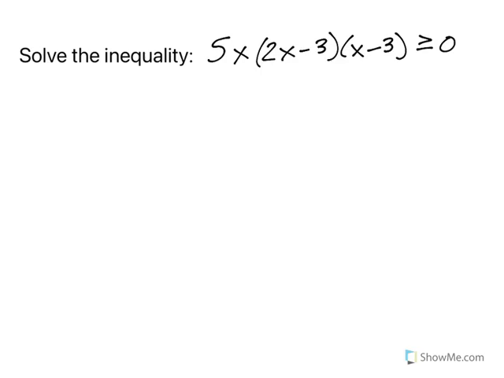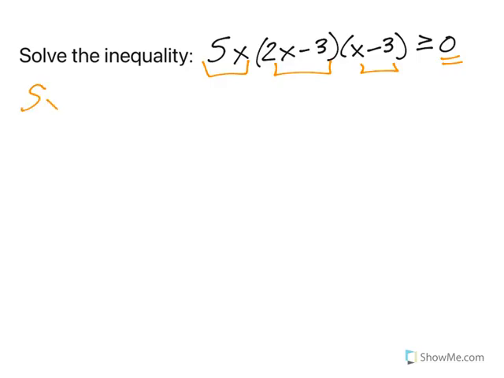So first, either way, you need to find the zeros. With inequalities, we want to make sure that we're equal to 0. Where would this graph cross the x-axis? Those are the zeros of the function. Because we are in factored form already, we have 3 pieces.